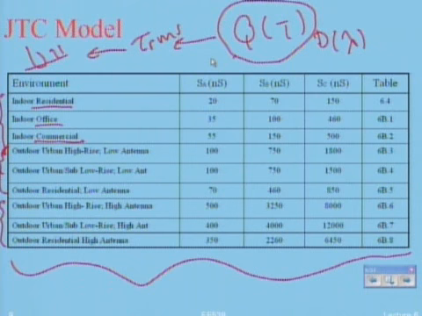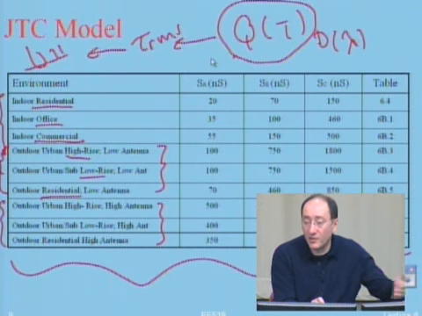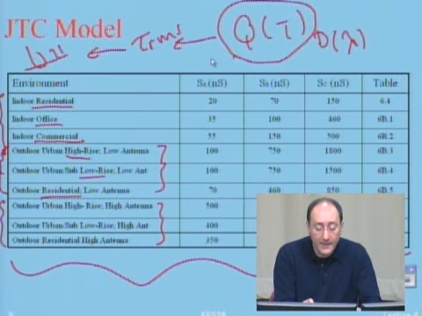Okay, so I have high antennas, low antennas, and then outdoor I have three areas: high-rise, low-rise, and residential areas. High-rise is downtown areas, low-rise is small cities, residential is like suburban areas. Okay.